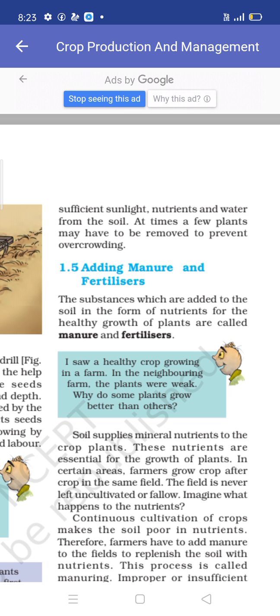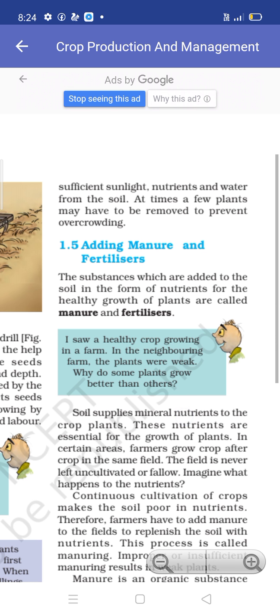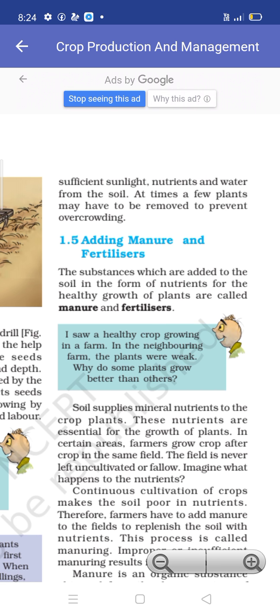So these are the nutrients which are used, and we use many manures and fertilizers for the best quality of the soil. These nutrients are very essential for the growth of plants, just as food is very important for us, it gives us nutrients. Like this, for the plants also the nutrients are very essential for growth.